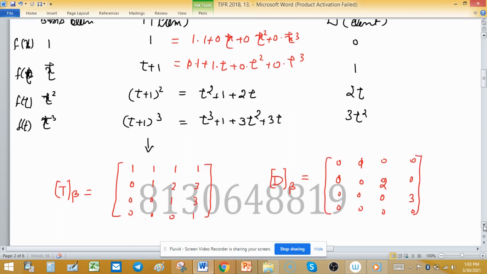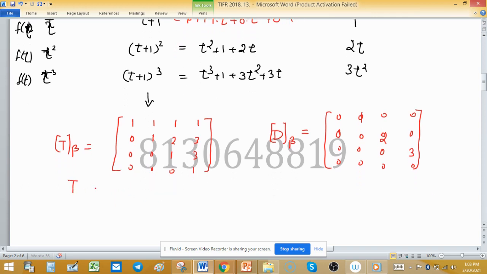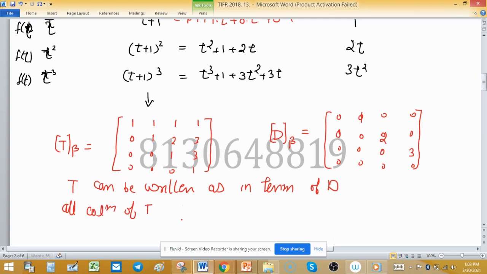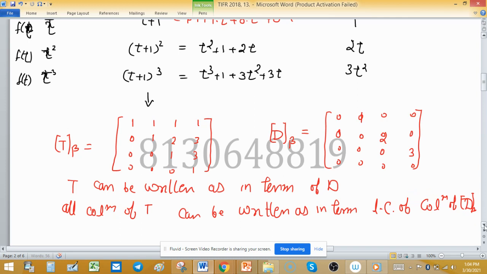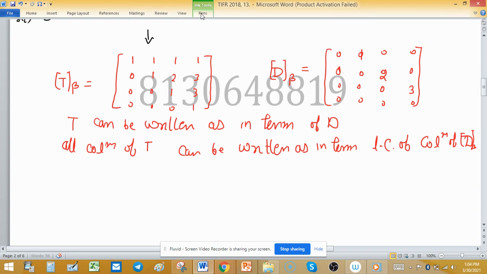We have the matrix representation. Now, asked about T being written in terms of D, it means all columns of T can be written as a linear combination of columns of D beta, where D beta means the matrix representation of D. See here, this is the first column, and it is directly the same.